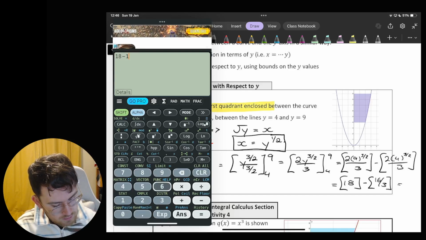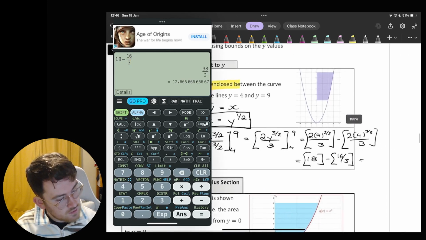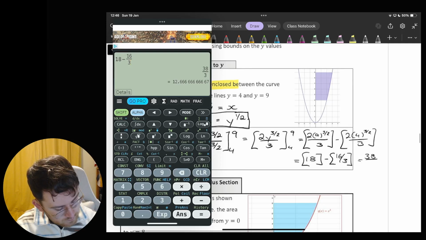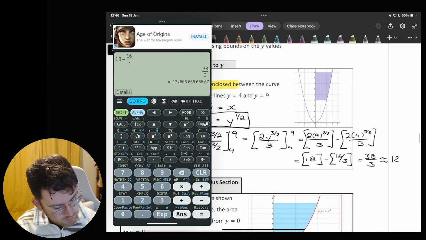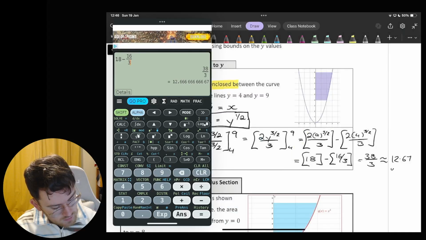So 18 minus 16 over 3 gives me 38 over 3, which is approximately 12.67 units squared.